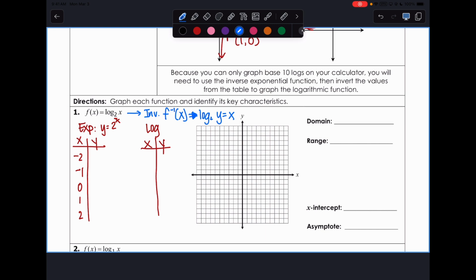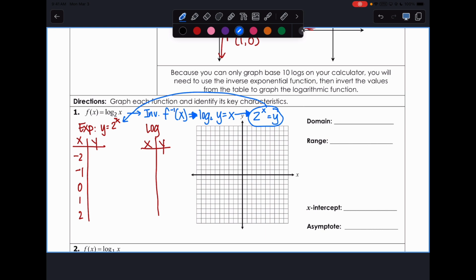Okay, so you would rewrite it as 2 to the x power equals y. Does that make sense? That's why we have to learn how to convert logs to exponentials first. So this now becomes my exponential function that I'm using to make the table.